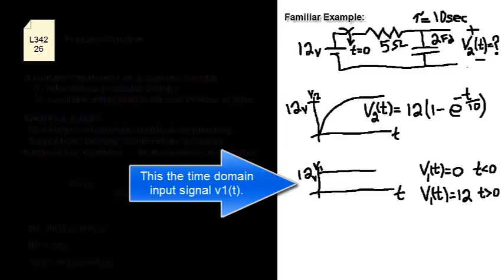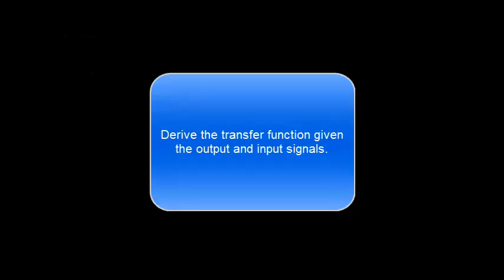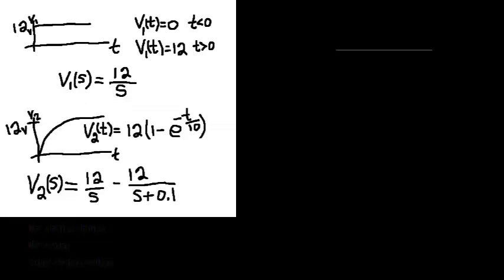This is the time domain input signal V1. This is the time domain output signal V2. The input signal, both in the time domain and S domain, the output signal in the time domain and S domain.